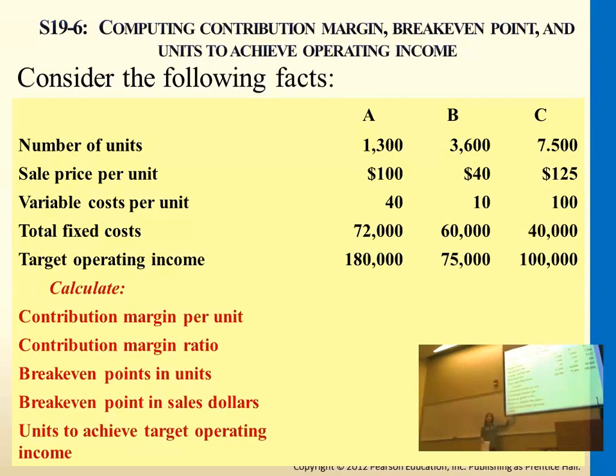If the problem asks for the target sales revenue, you'll use the contribution margin ratio. If it's units, divide by every unit's contribution margin. So how many units do we need? 4,200.